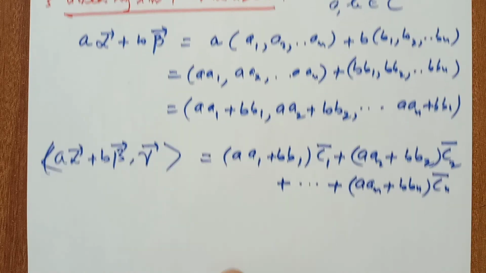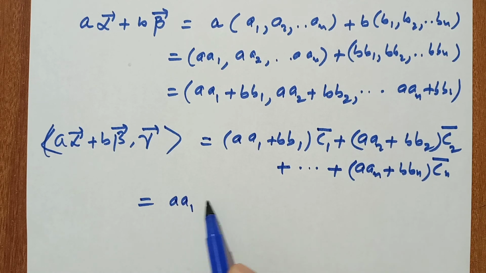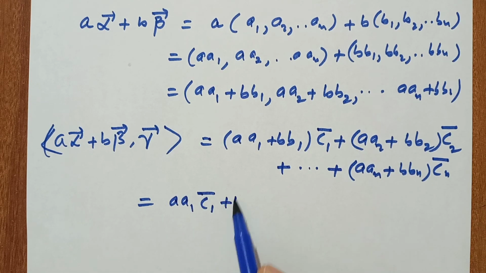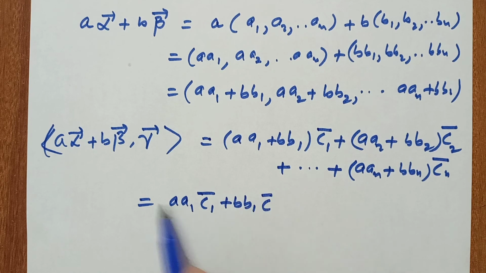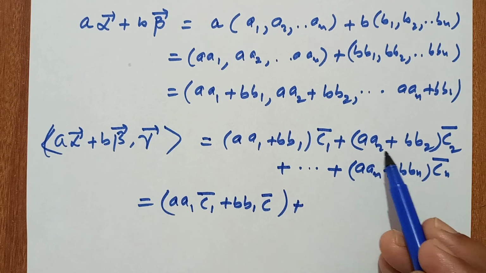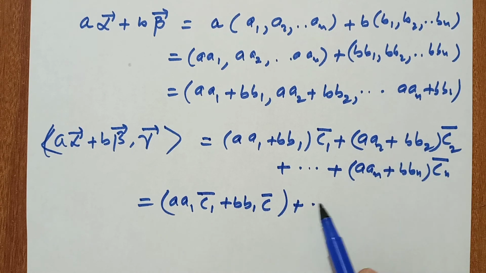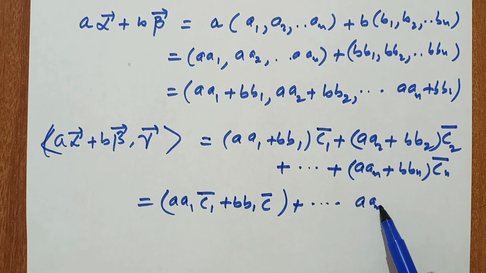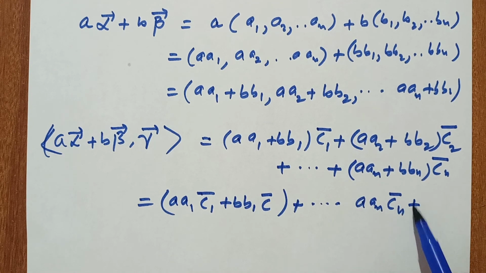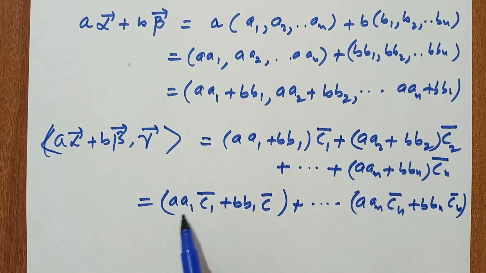By the distributive law, aa1 c1 conjugate plus bb1 c1 conjugate, this is the first term, plus similarly aa2 c2 conjugate plus bb2 c2 conjugate, up to aan cn bar plus bbn cn bar.